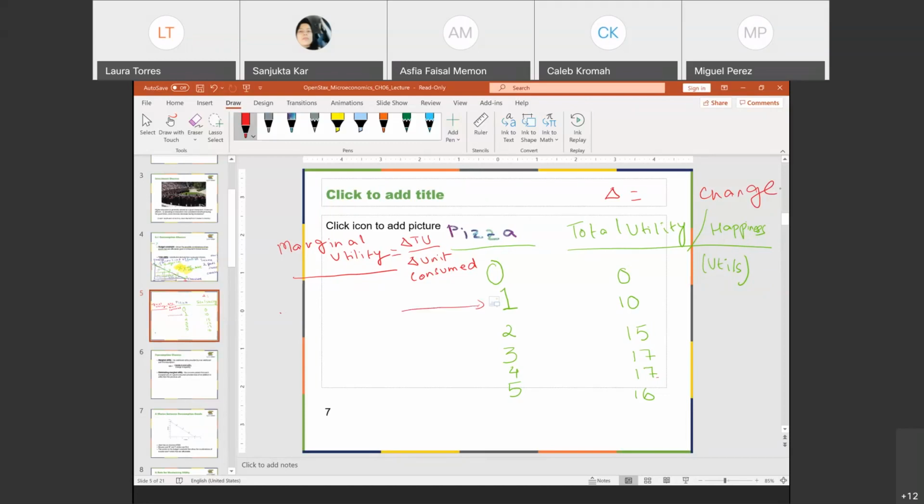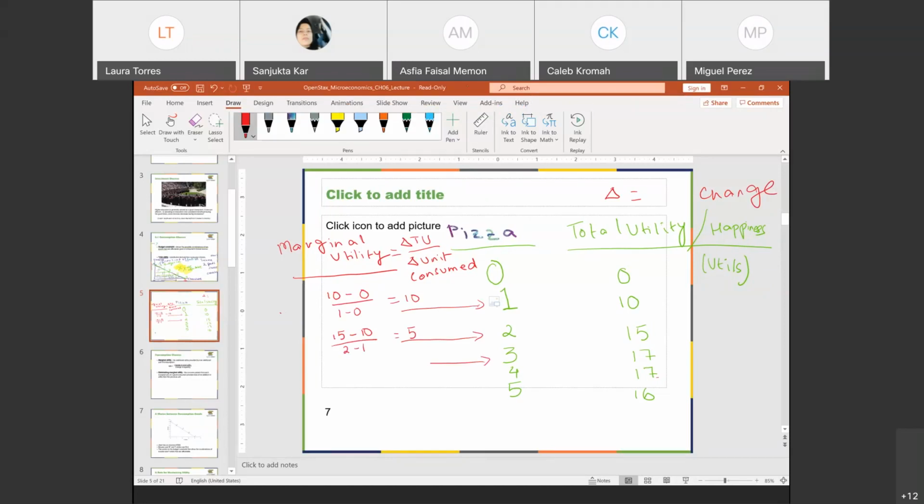For the first unit, this will be 10 minus 0 over 1 minus 0. This is equal to 10. The second unit is 15 minus 10 over 2 minus 1. This equals 5.